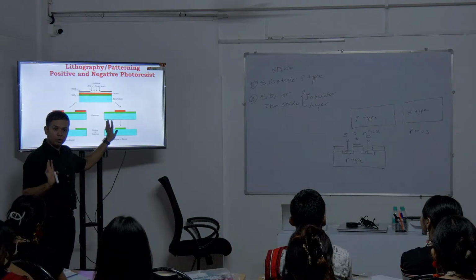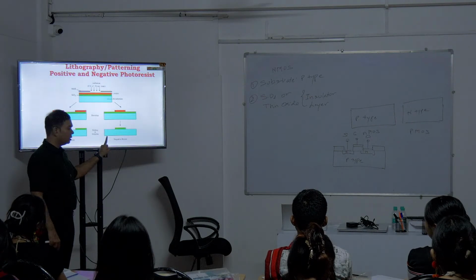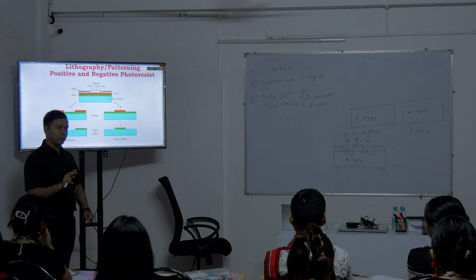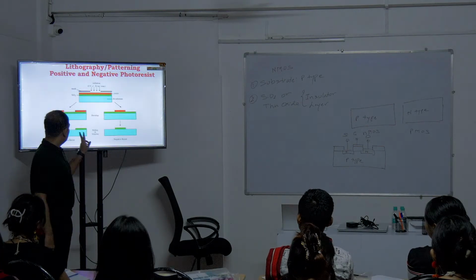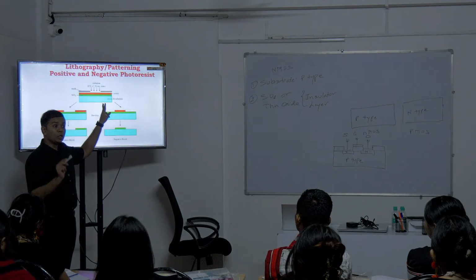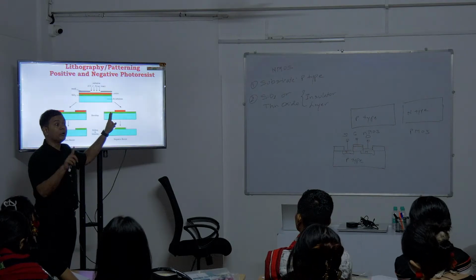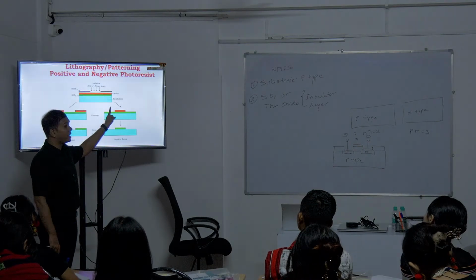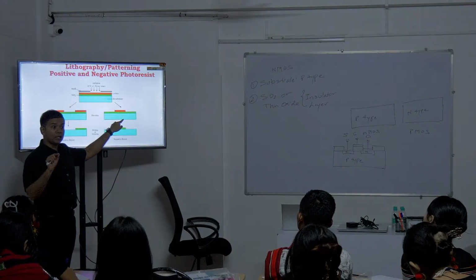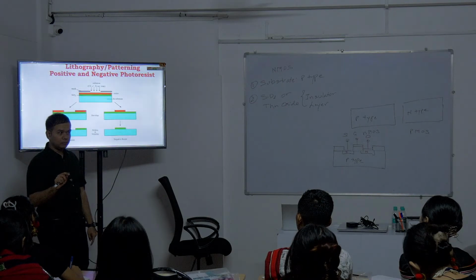Are you all understanding, right? So photoresist, positive and negative, it should be clear to all of you. In the positive photoresist, the photoresist becomes soluble when it is exposed to the ultraviolet radiation, while it becomes insoluble when it is exposed to the ultraviolet radiation in the negative one.